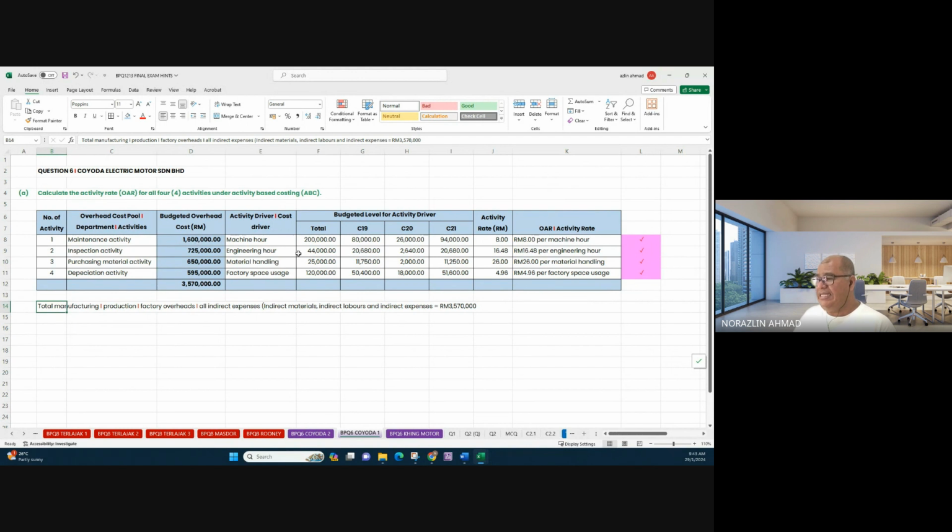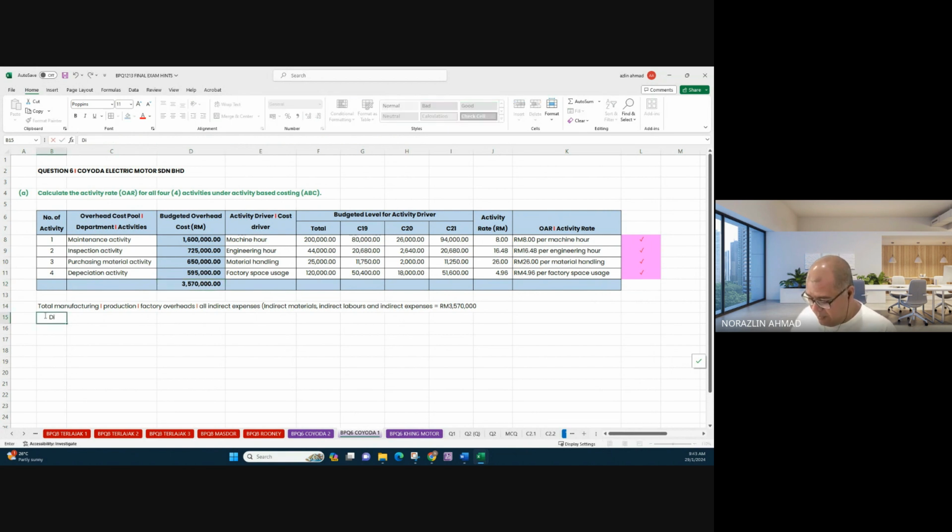This is all indirect cost, which is indirect material, indirect labor, and indirect expenses. So altogether is 3.750. All this is indirect expenses, which means you need to share it with all the departments in that company. For direct material, you can straightforwardly charge to C19, C20, and C21.